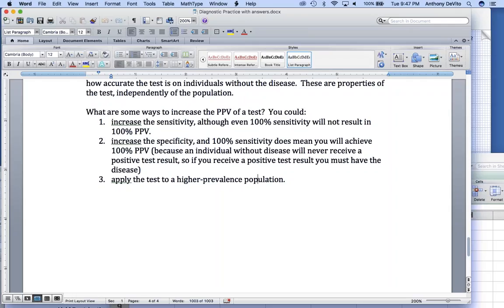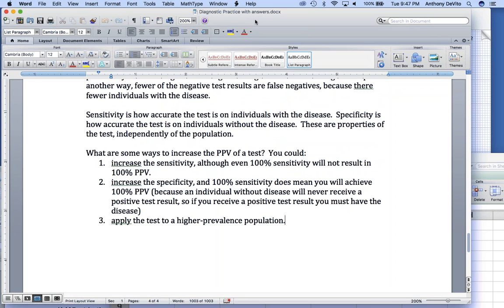Since your specificity is the same in both tests, you're going to get more false positives from the people that don't have the disease, simply because there are more people that don't have the disease. So if you apply the same test to a population with a lower prevalence, you're going to get a lower positive predictive value. You're going to have more people that are false positives than you would in a higher prevalence situation. Okay, so keep that in mind. You might get some questions like that when you see the exam.